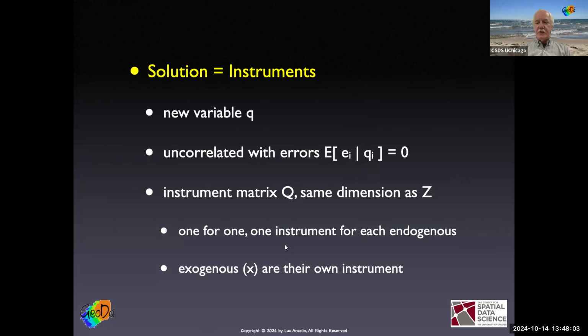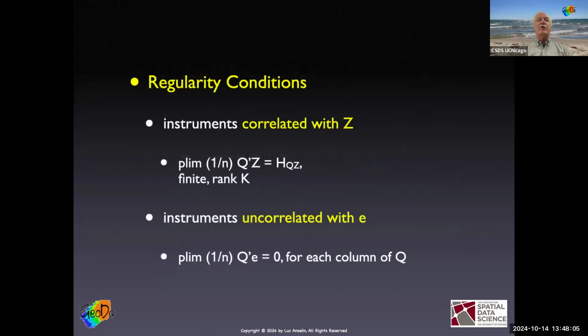So once we have this instrument, as I said, one-for-one, we have to make sure, and there's a lot of notation here which you can skip, just think of the main concept, that you can think of this cross product of Q times Z. So again, using my trick, Z is N by K. So Q also has to be N by K, same exact dimension.